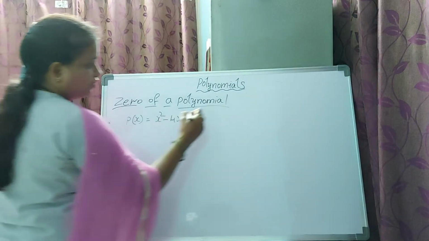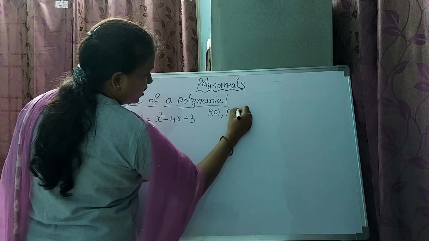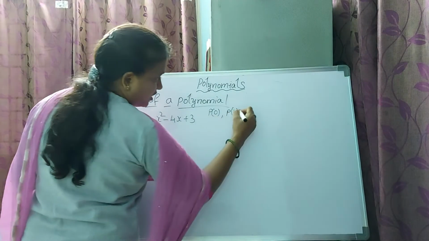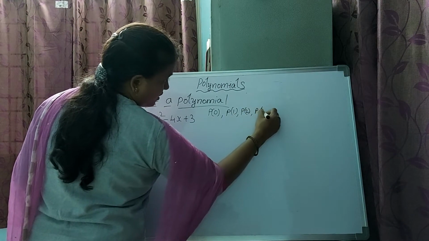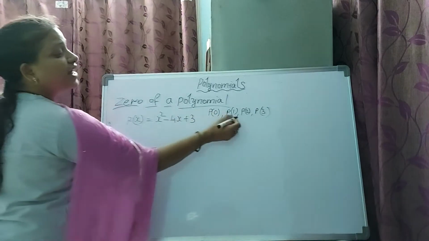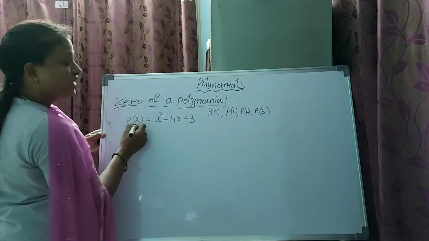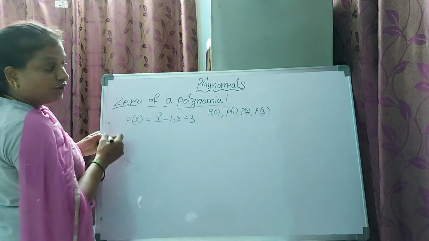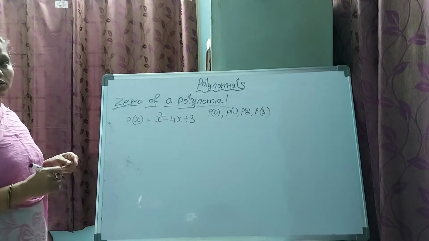You have to find P of 0, P of 1, P of 2, P of 3. When these values become 0, then those x values are known as zeros of a polynomial. If you see the example, you will understand.